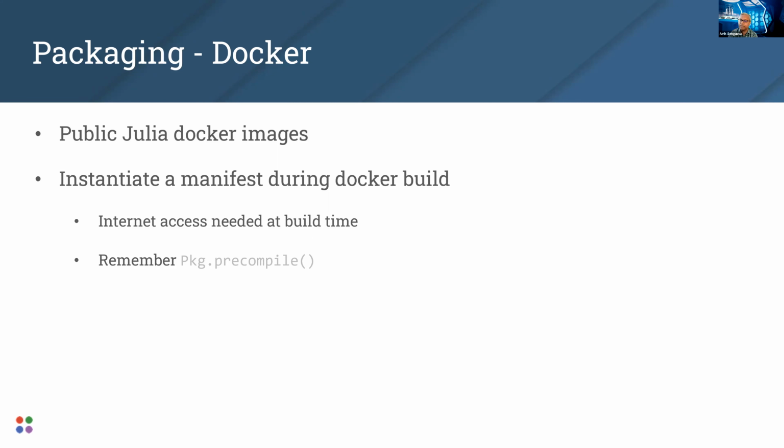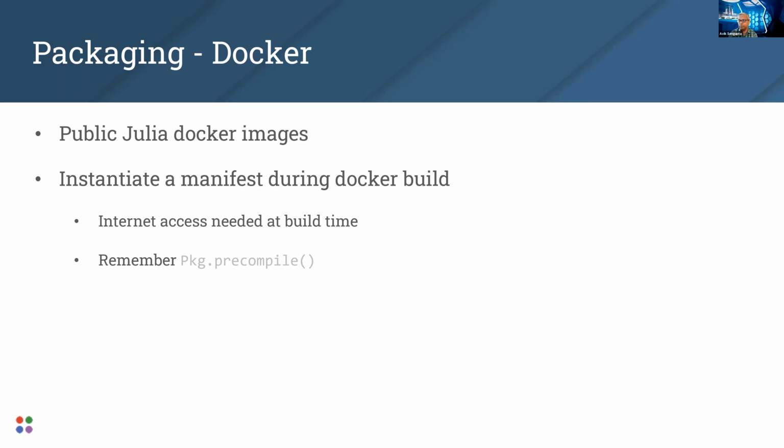You instantiate that manifest, and then what you should do is always do a Pkg.precompile at Docker build time, right? Many people typically tend to forget calling precompile. Precompile is a function in the Pkg module, and it's available in Julia.